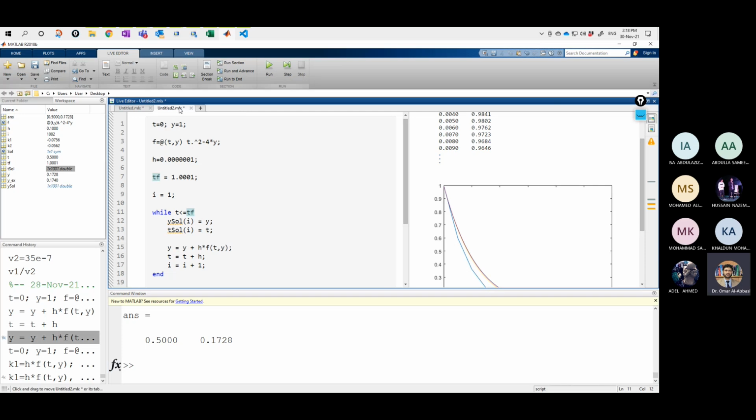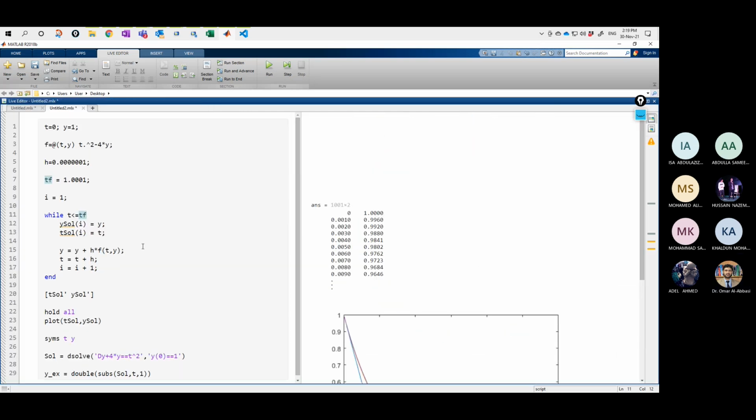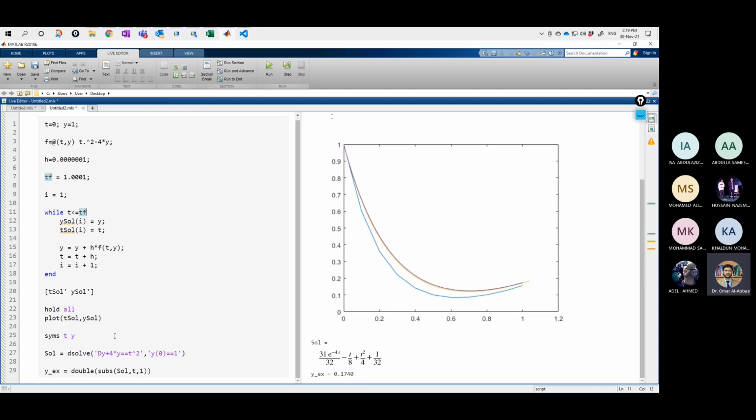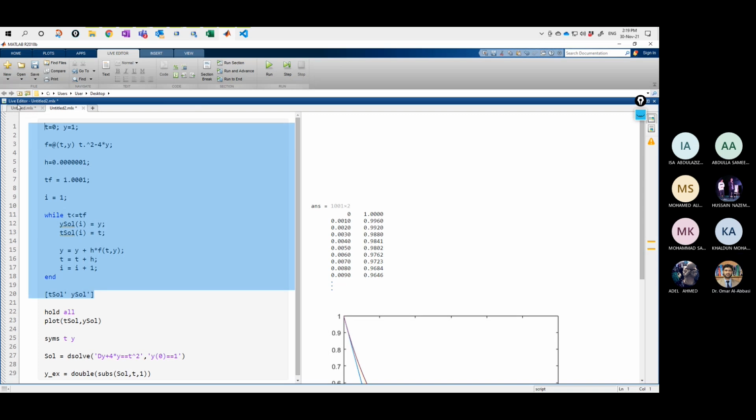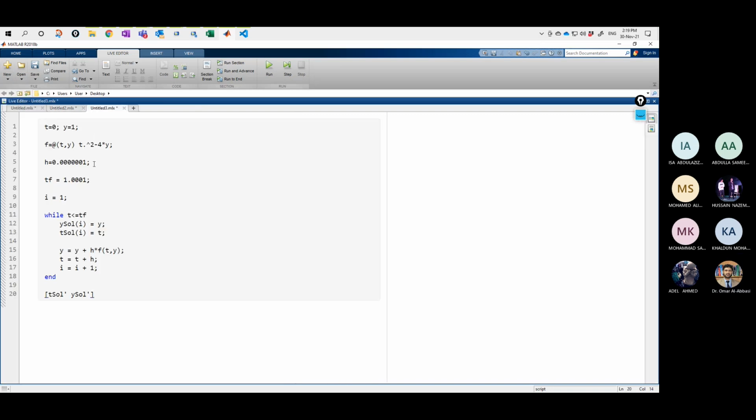Let's go to the same script that we created earlier, and guys, tell me, what do we need in order to modify this code now? Doctor, we calculate K1.